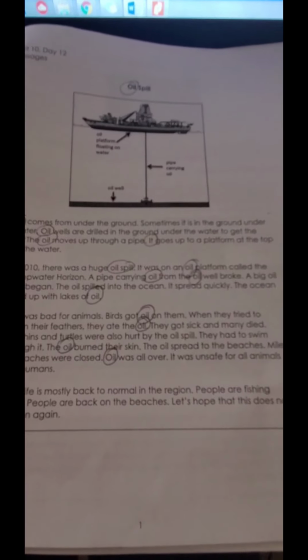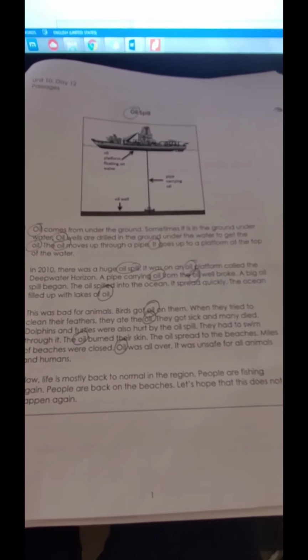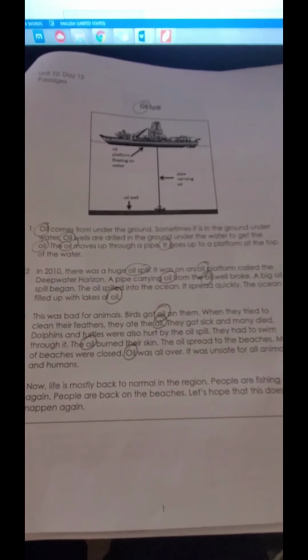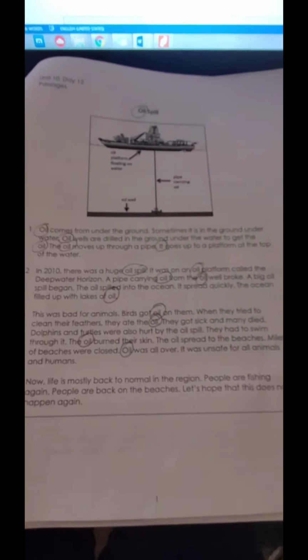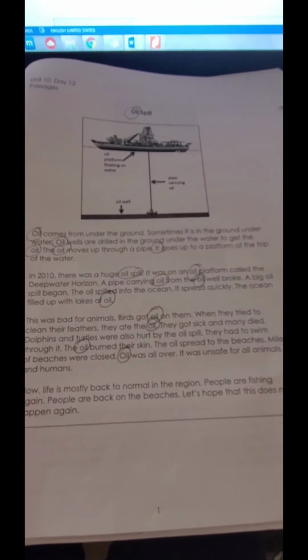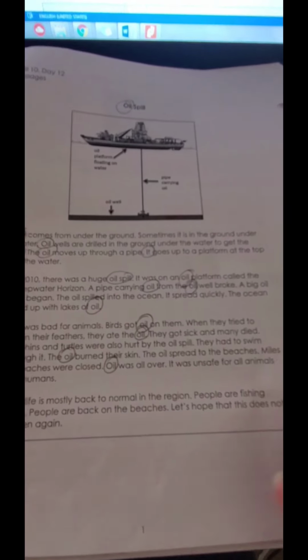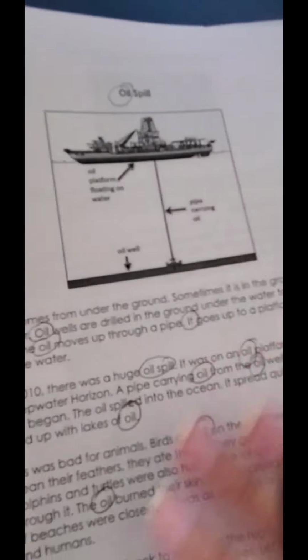And it gave me examples of how birds were suffering, and how turtles and dolphins were suffering. It also talked just a little bit about how it also affected humans. So the main idea of this whole passage is that the Deepwater Horizon oil spill was a large oil spill that caused damage to many animals and humans. So I'm going to write that down to the side here, because that information is going to help me out.